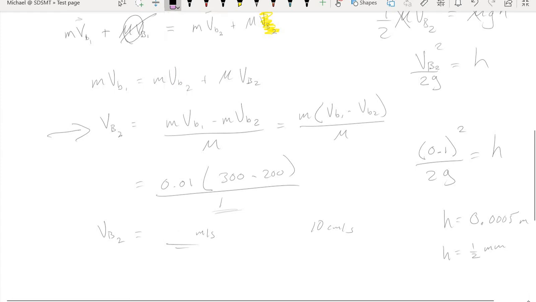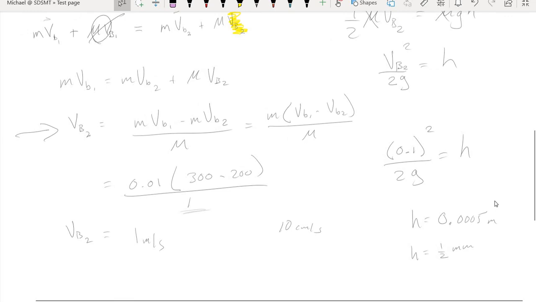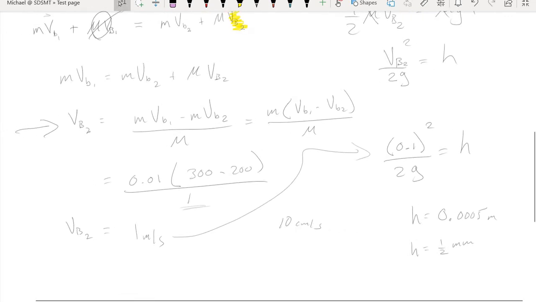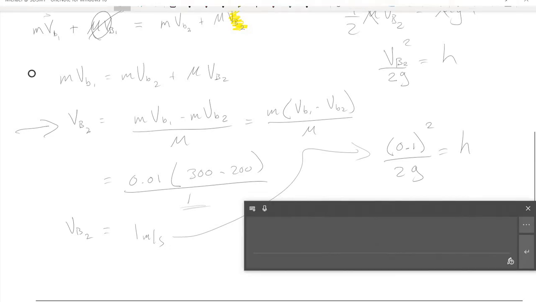And that means that the final velocity of the block after the bullet passes through it is going to be 1 meter per second. That value will then go into the conservation of energy expression to tell us what the height is going to be.